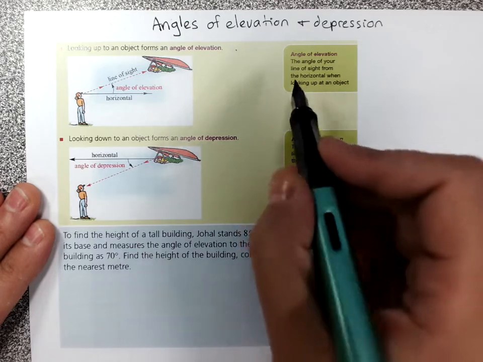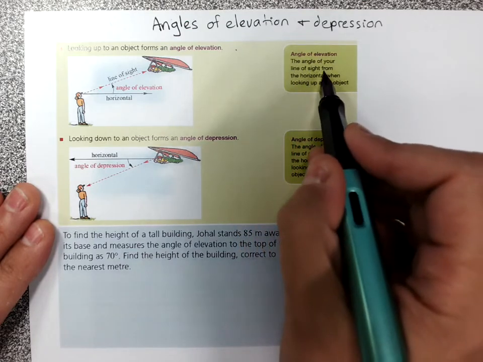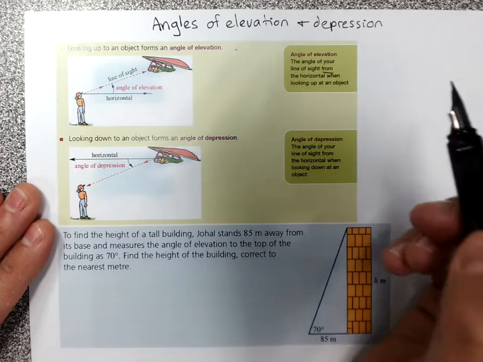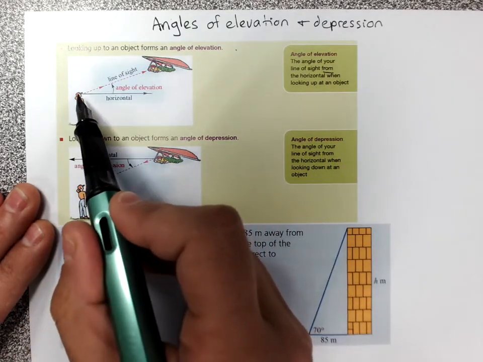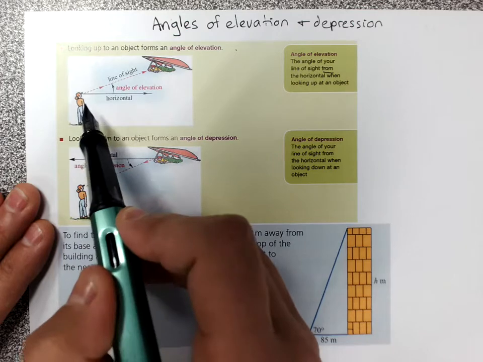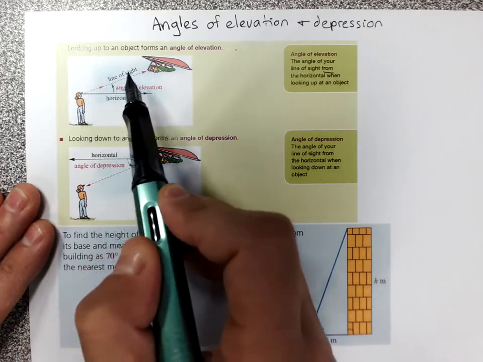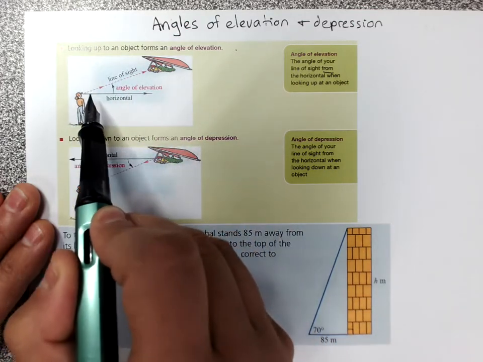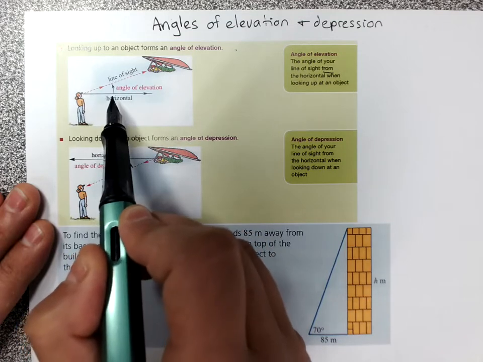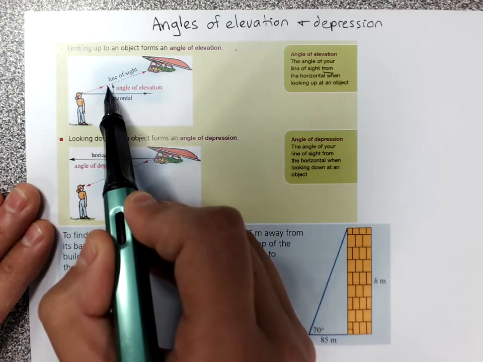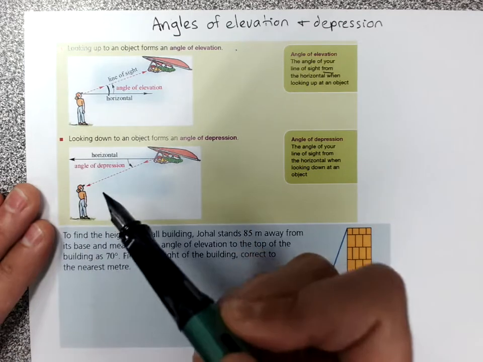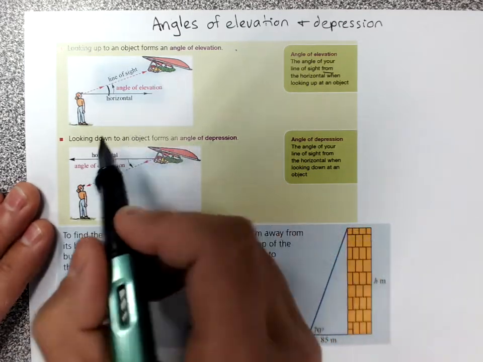So when we ask about an angle of elevation, it's from the horizontal and it's from the person looking. So this person is looking up, the line of sight there. If this person looked horizontally and then looked up at the person in the hang glider, the angle there is the angle of elevation.